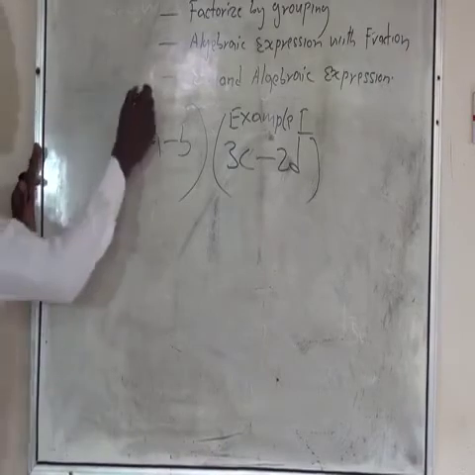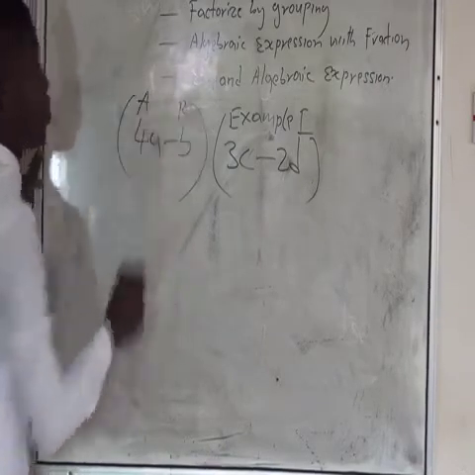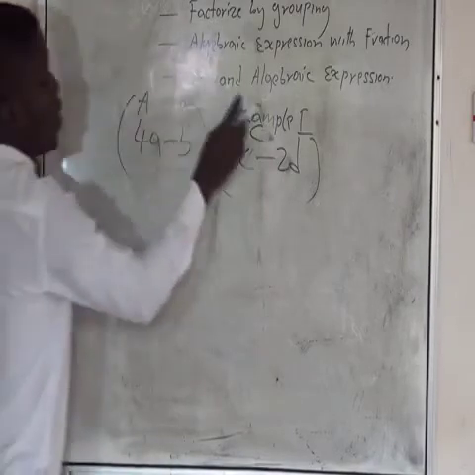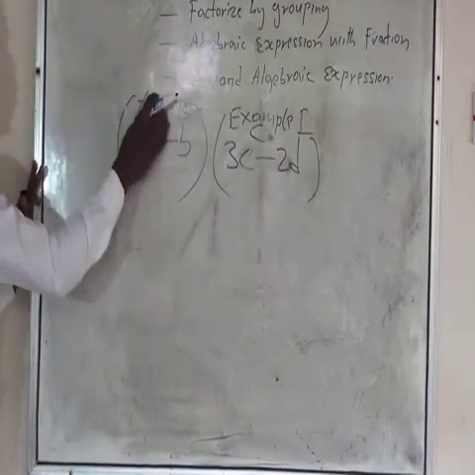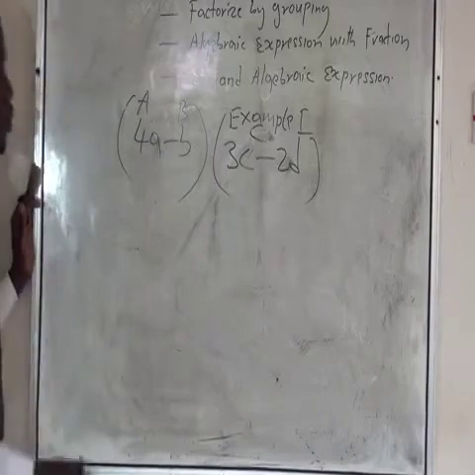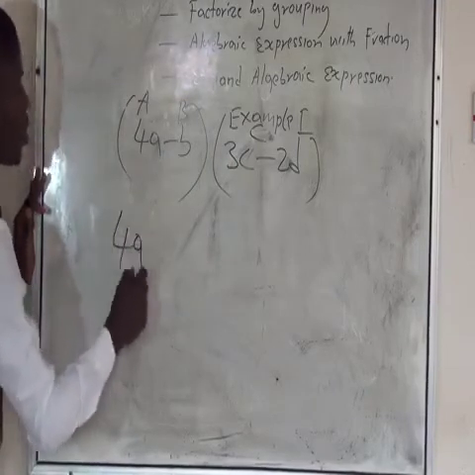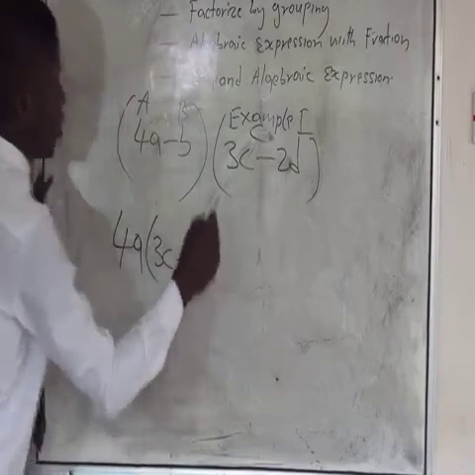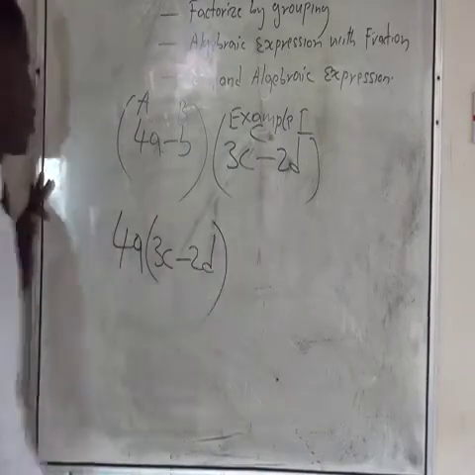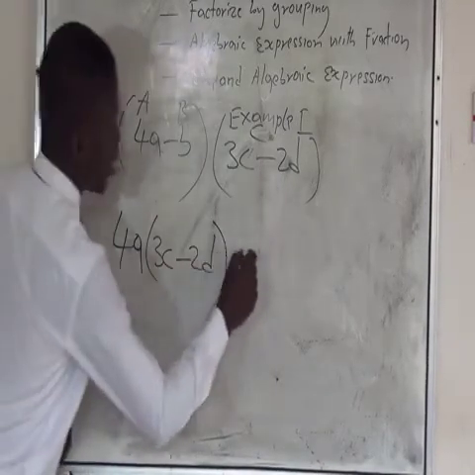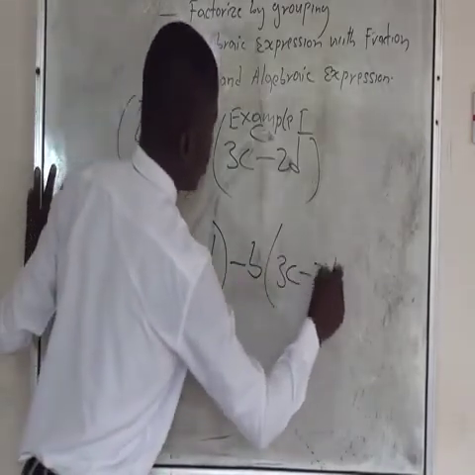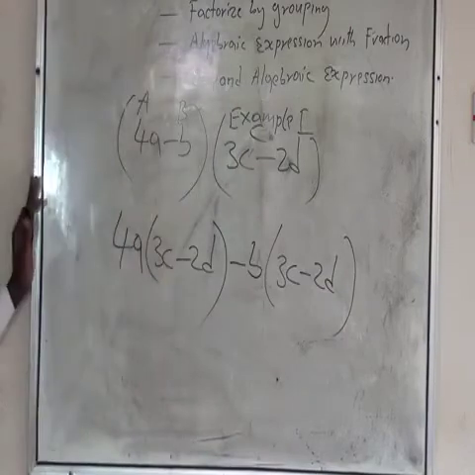Then call here group A, call here B, and call this group C. Use A to multiply C, use B to multiply C also. Then we have 4a bracket 3c minus 2d, close the bracket. Minus b bracket 3c minus 2d, close the bracket. Very good.